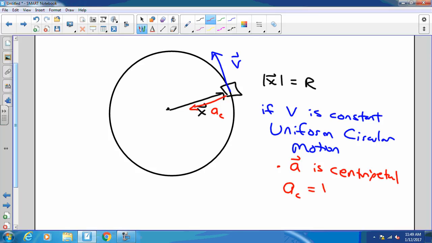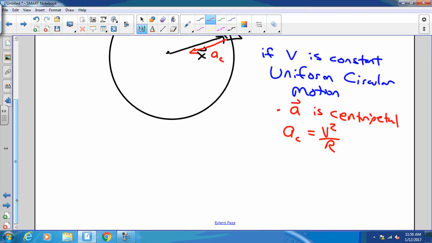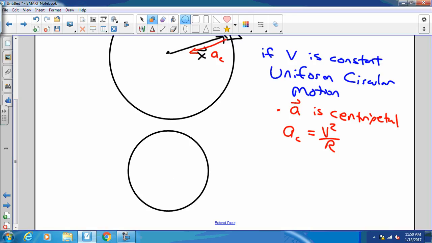And furthermore, we discovered that the acceleration had to have a special value in order for the object to go in uniform circular motion, and that special value was v squared over r. If the speed is not constant, then the object might slow down or speed up.